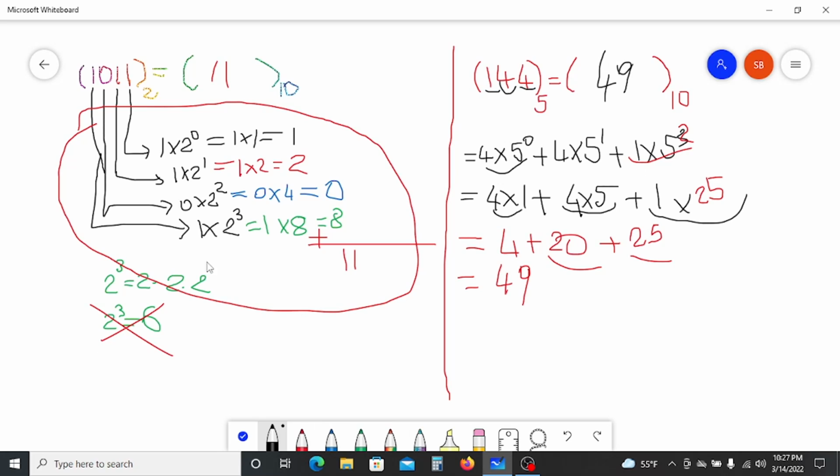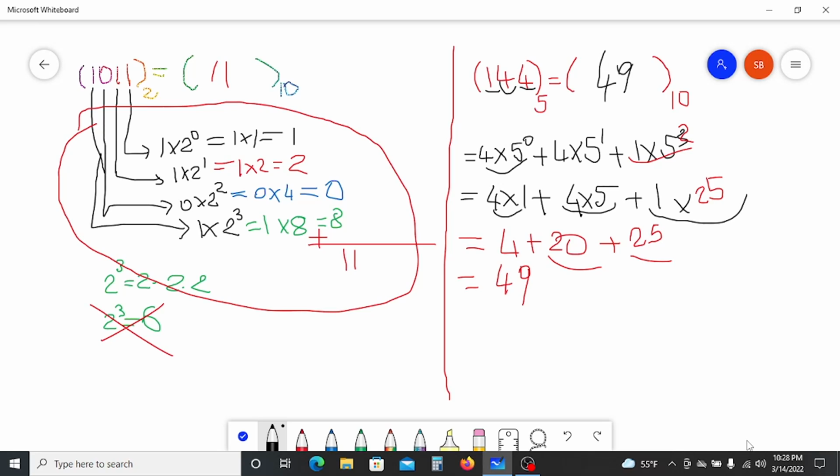Okay, I think for a starting point we can stop here. But next time, as I mentioned at the beginning, we will convert from base 10 to any other base. Then we will understand much better.